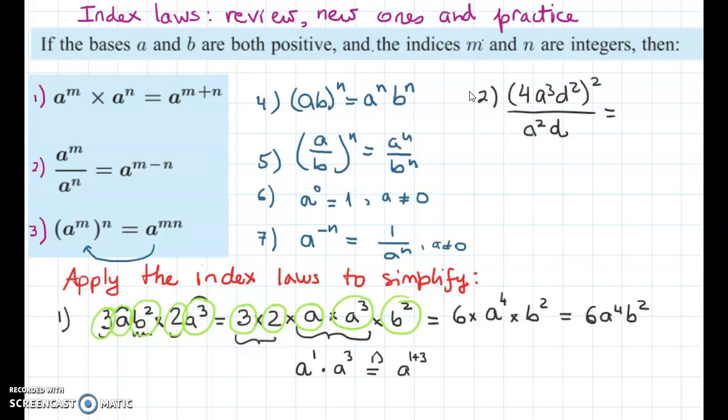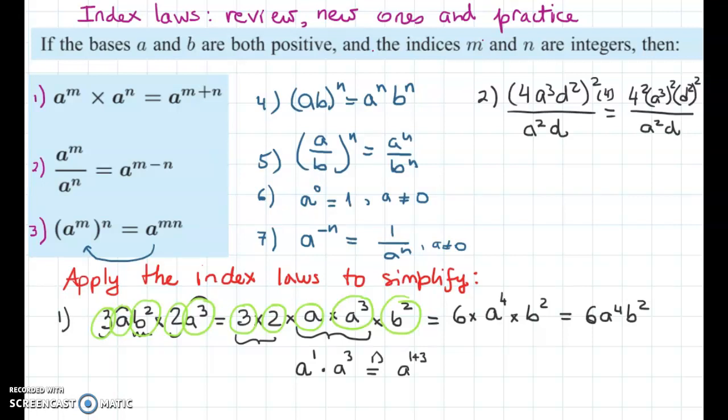And I'm going to do that applying the property number 4 that says that we can do that if we square each of the factors we have inside. So we have 4 squared times a cubed squared times d squared squared. And I'll write the denominator a squared d as it is.